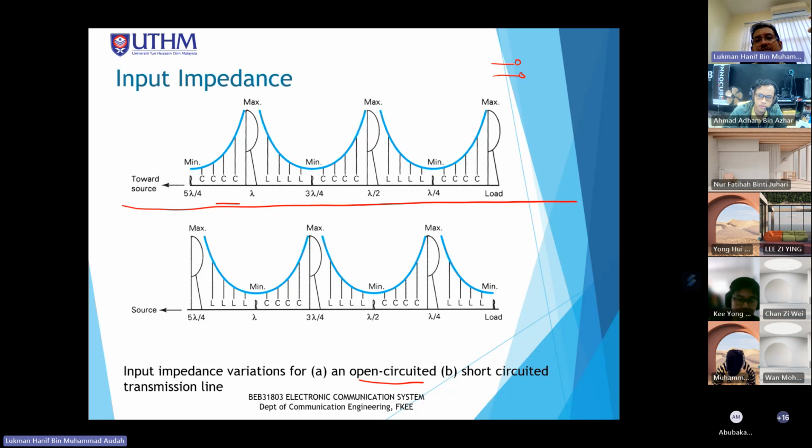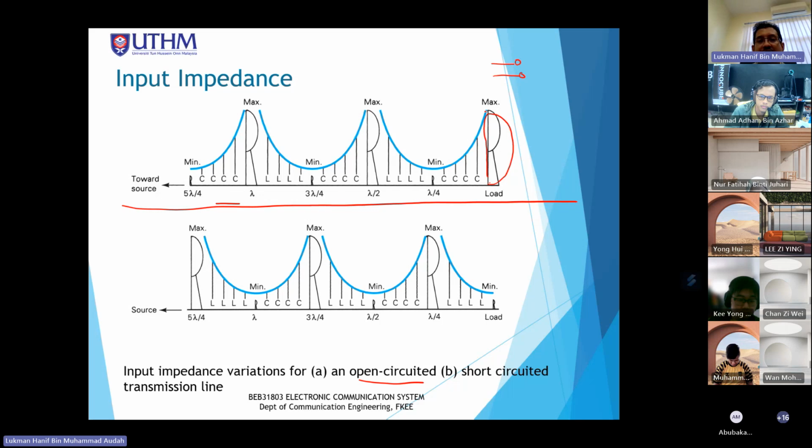The input impedance at the load behaves like a resistance with maximum value. I just want to explain what all of this means. We have R, C, L, R, C, L, and so on. So the input impedance at the load side consists of a resistance value with the maximum value.